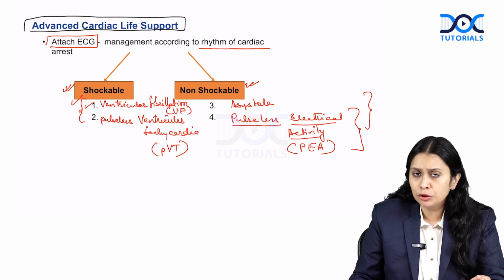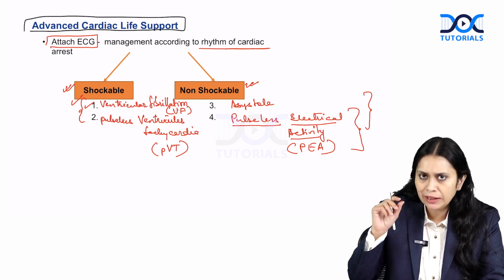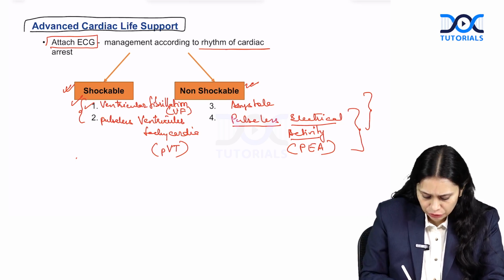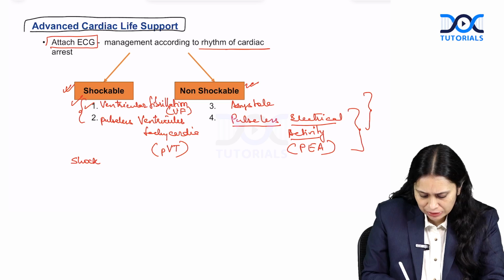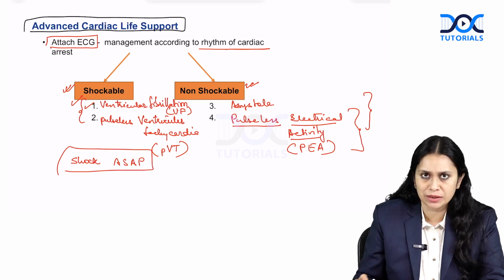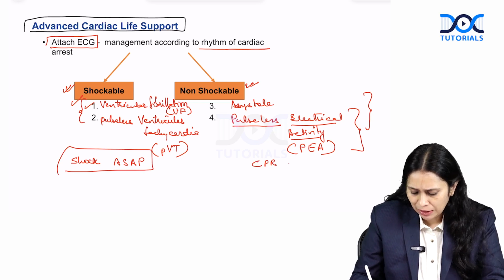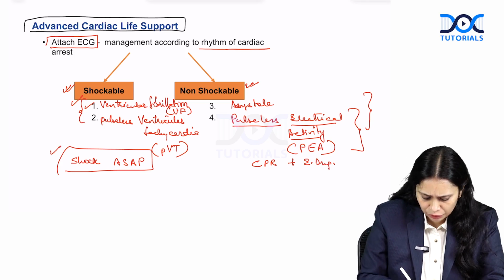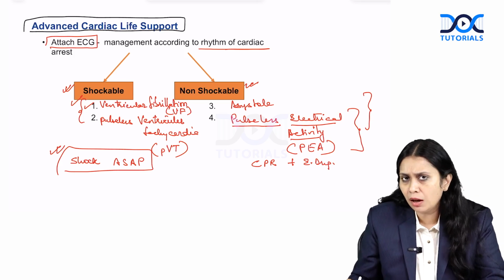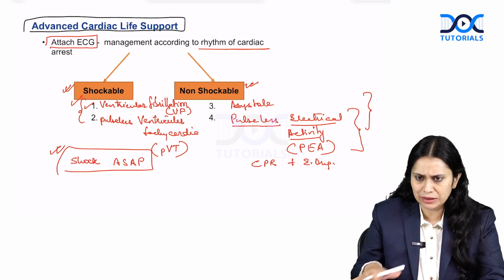But one thing you should be crystal clear: if the rhythm is shockable, we need to give a shock as soon as possible. That is the prerequisite. For non-shockable rhythm, we just do CPR and give emergency drugs. But in shockable rhythm, give a shock as soon as possible along with CPR. We will discuss this in detail.